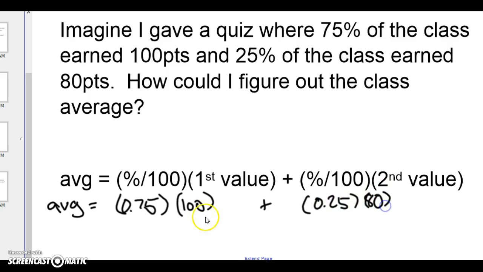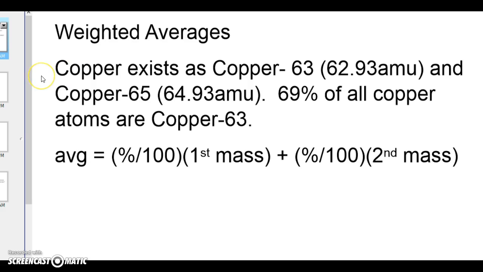And then I would just multiply these numbers out and add them together. 0.25 times 80 gives me 20, and 75 and 20 gives me 95. So 95 would be the average score for students on this test.